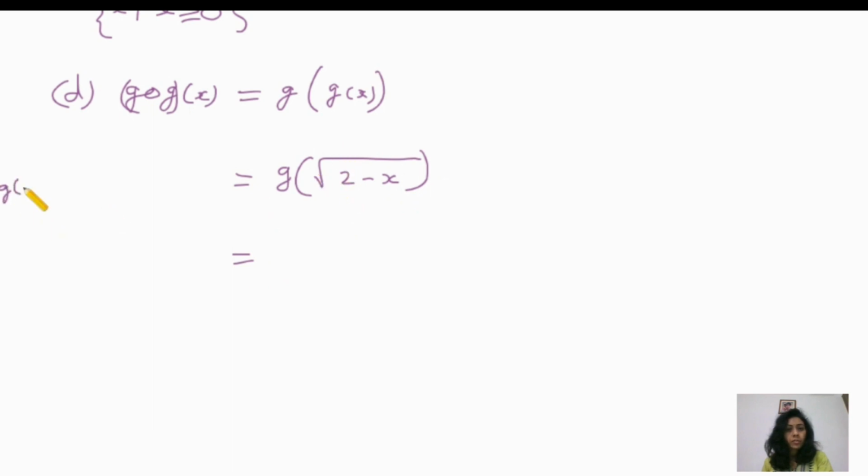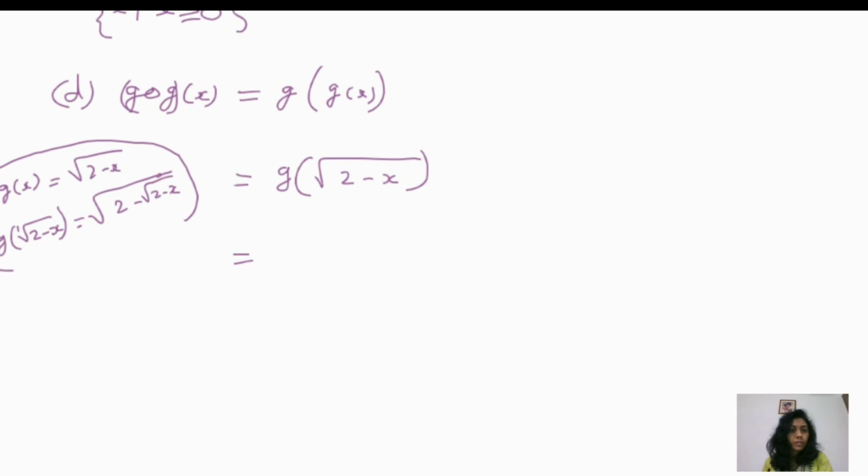So if g is square root 2 minus x, we can replace x with this. The 2 minus x value we can replace with square root 2 minus x. So this is square root 2 minus square root 2 minus x.